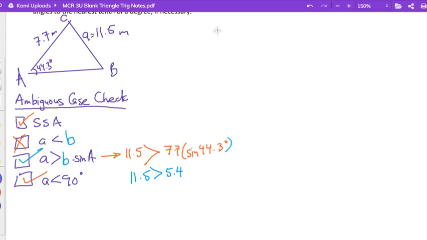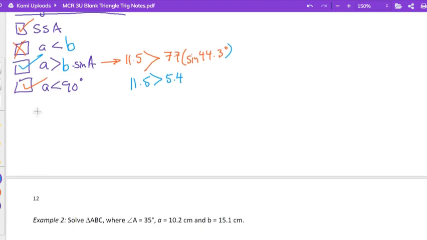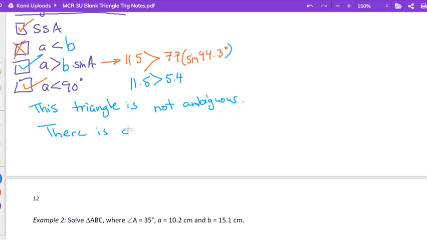So we will say this triangle is not ambiguous. And there is one possible triangle.